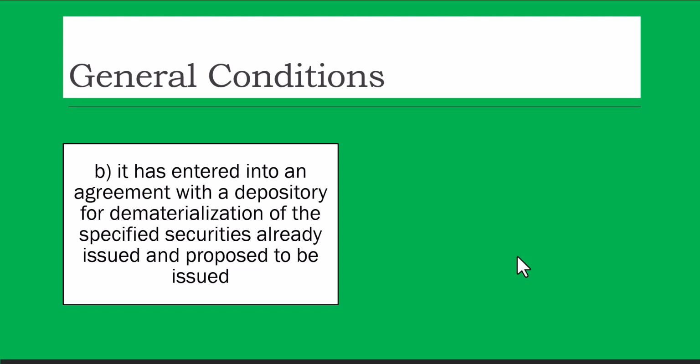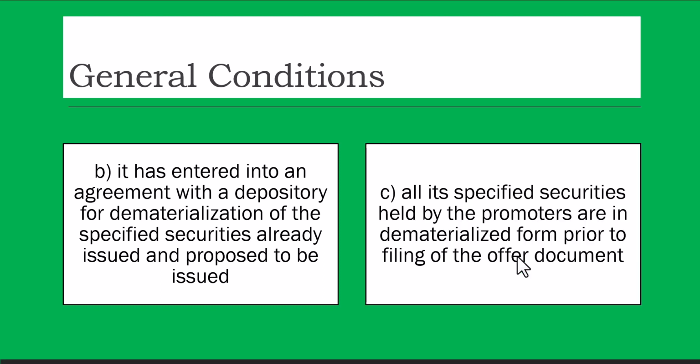Since nowadays all the securities are already dematerialized, for the new proposed issue they also have to seek approval and make an agreement with the depository for dematerializing the proposed issue also. Okay, next please.